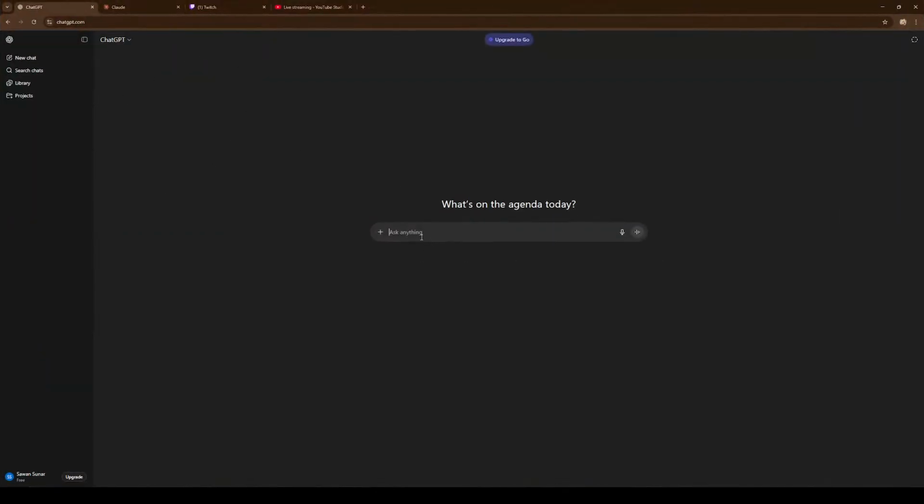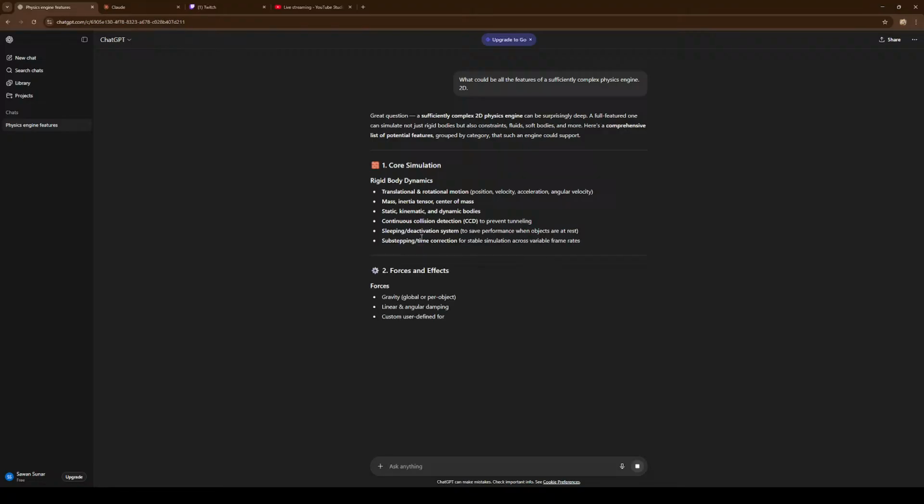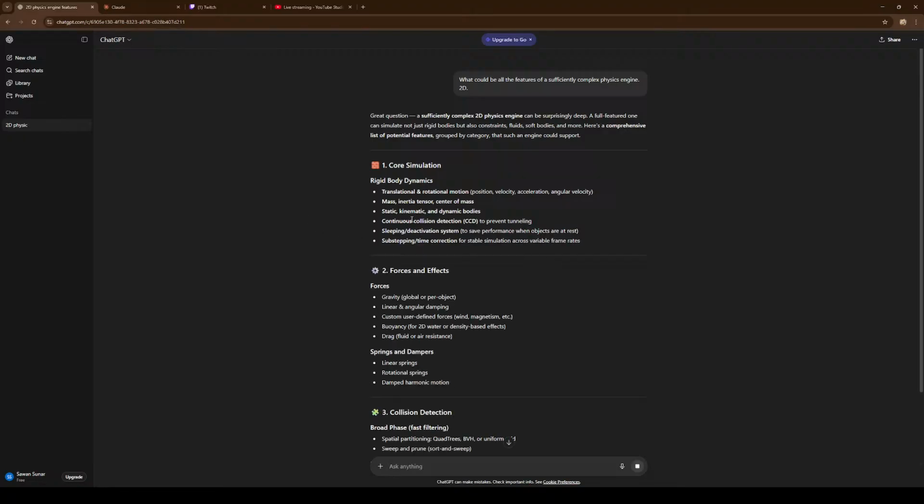This is some ChatGPT: what could be all the features of a sufficiently complex 2D physics engine? Complex can be surprisingly deep, full-fledged, comprehensive. Rigid body dynamics, right?